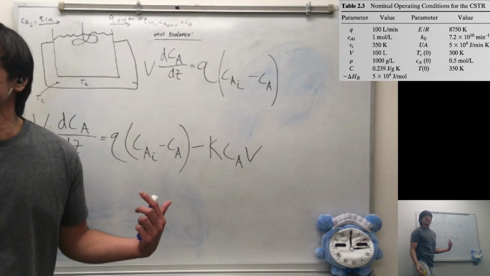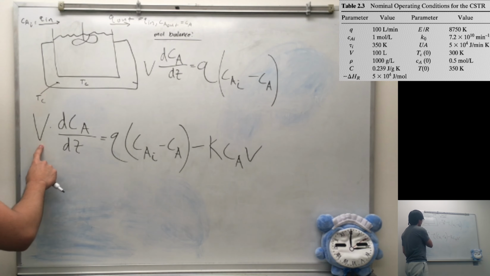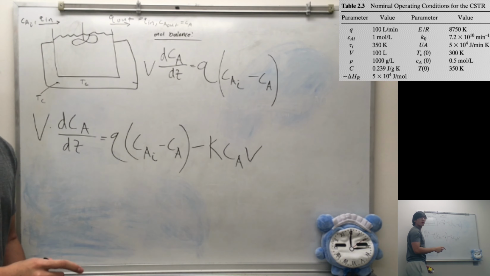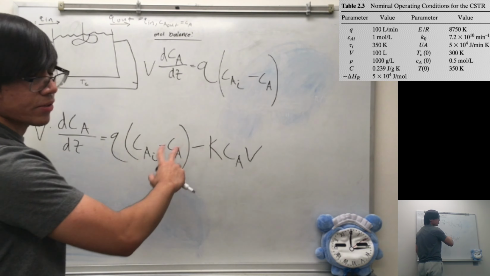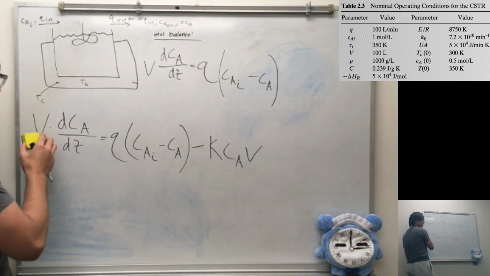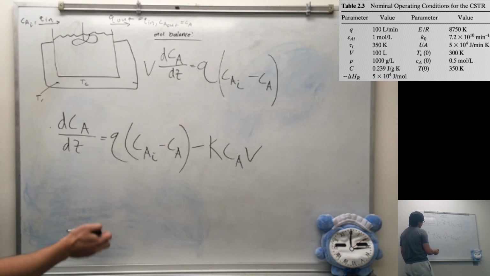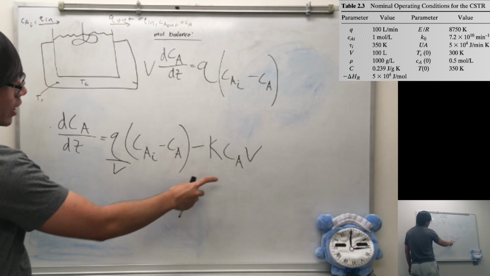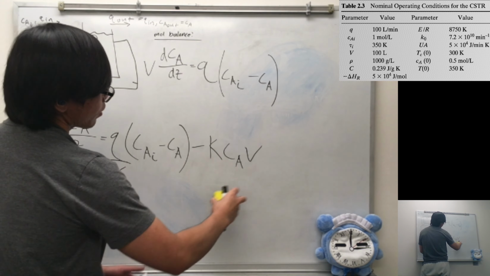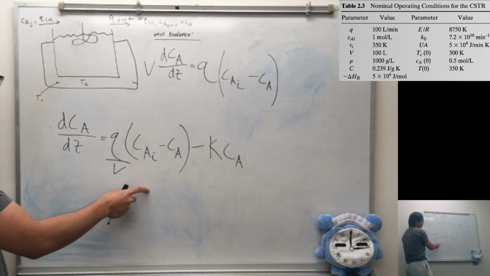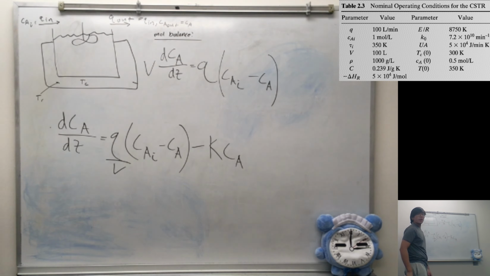Now we're going to isolate for our derivative, so I'm simply dividing by the volume. We have Q over V, and here we divide by volume, we get rid of our volume. So this is our final expression for our molar balance.